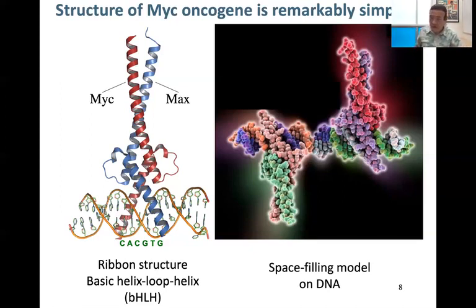So I think it's remarkable, but that's why I say it's both awesome in its simplicity and also terrifying in its simplicity because there are no on and off switches here, right? There is no on and off switch. MYC just functions as long as it's being expressed. Okay?